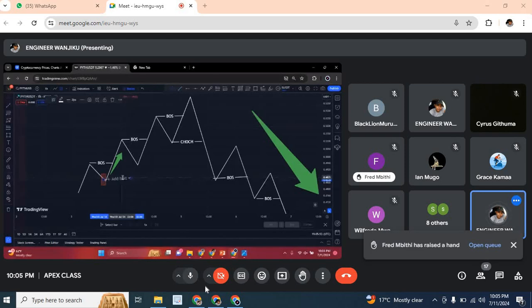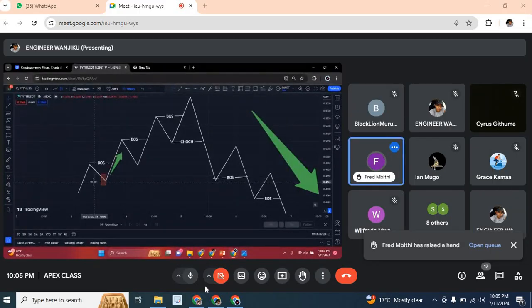The last red before significant buy. Yes, Fred. Bullish order block. Yes, the last red before significant buy, that is what we call a bullish order block.